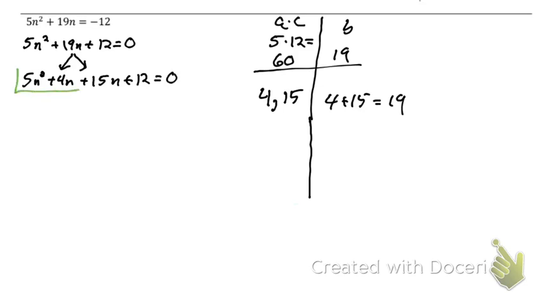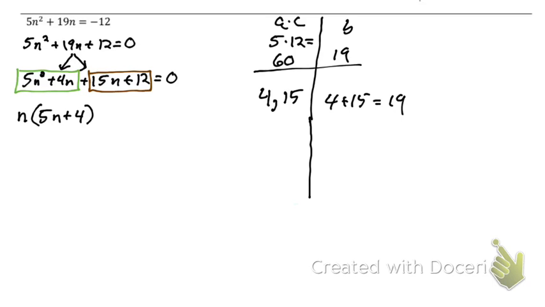Now I have two binomials. I have that 5n squared plus 4n, and I also have that 15n plus 12. Well, if I have 5n squared plus 4n, I can't pull anything out of the 5 or 4, but I can pull an n out of both of those. So we can rewrite this as n times (5n plus 4).